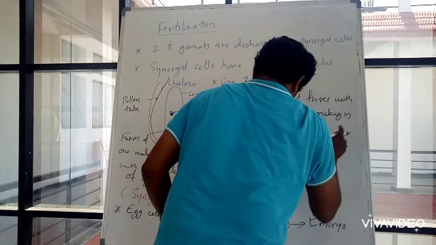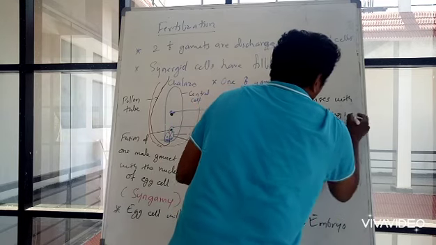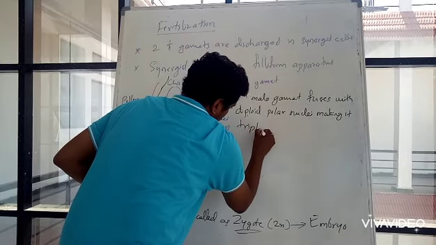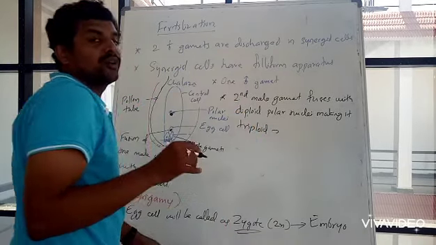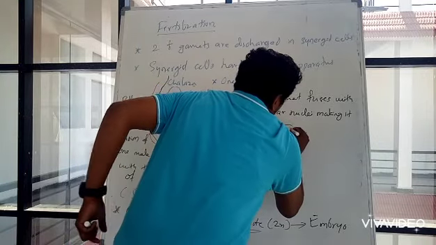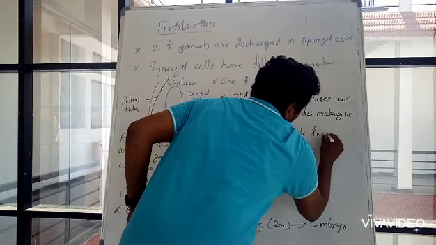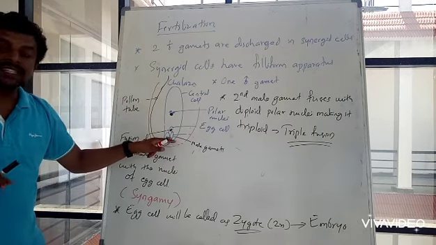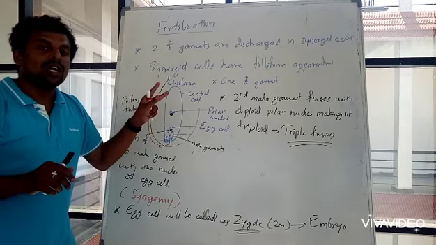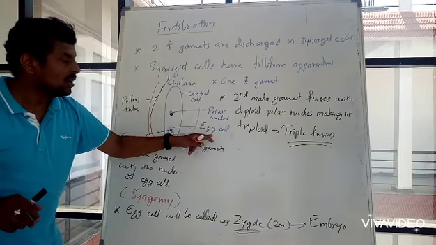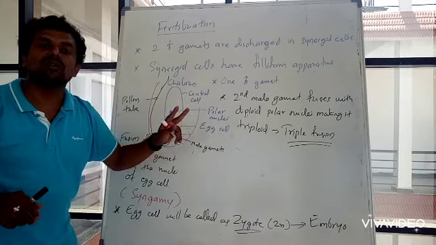making it triploid. So this kind of fusion is known as triple fusion. Okay, generally two male gametes are released in the synergid cells. One male gamete will fuse with the nucleus of the egg cell, forming a zygote.